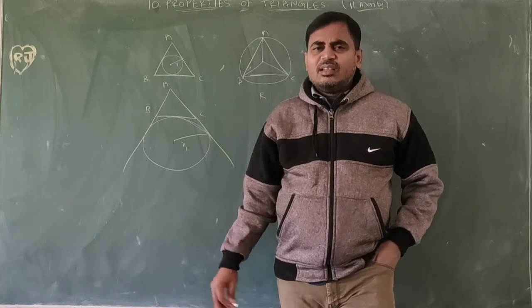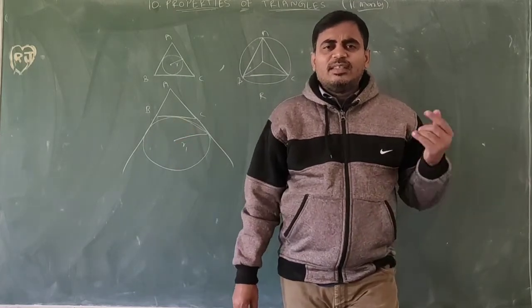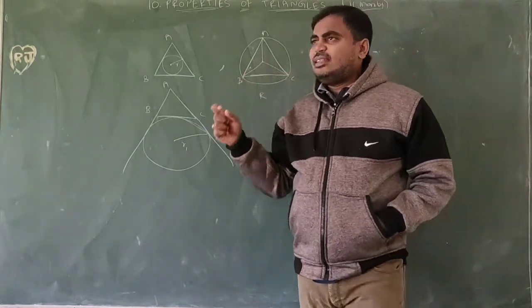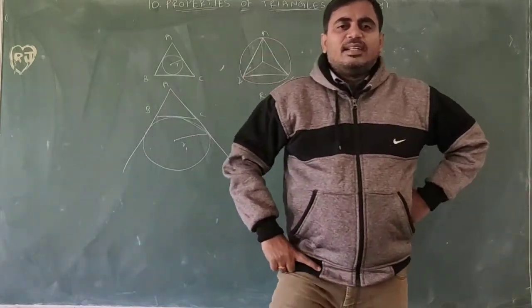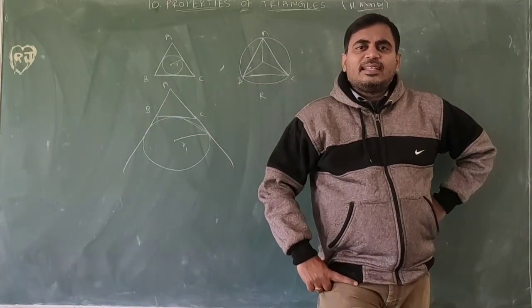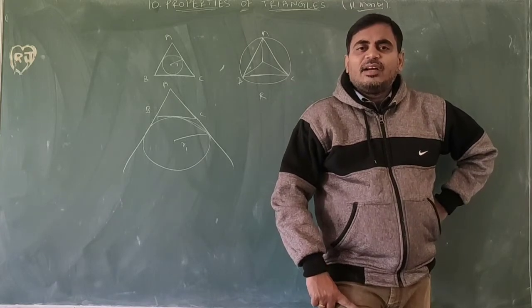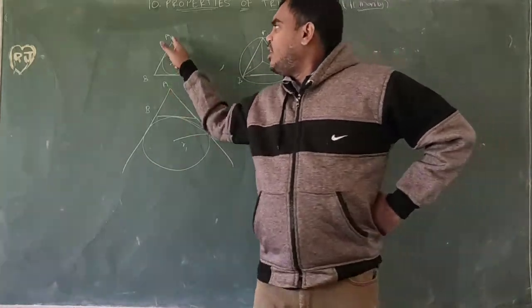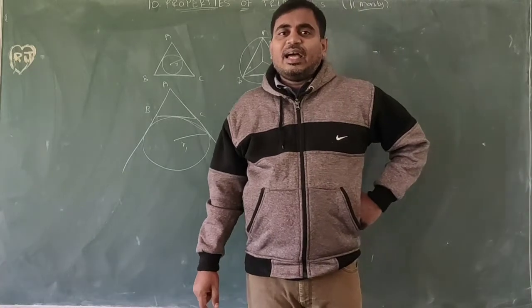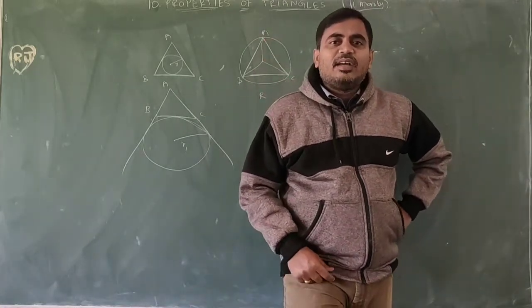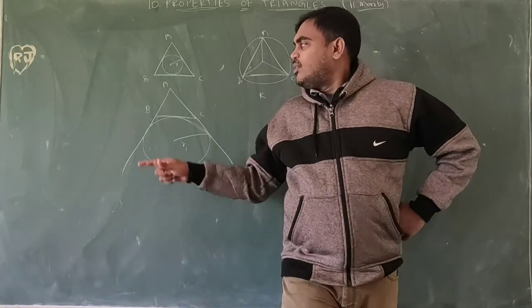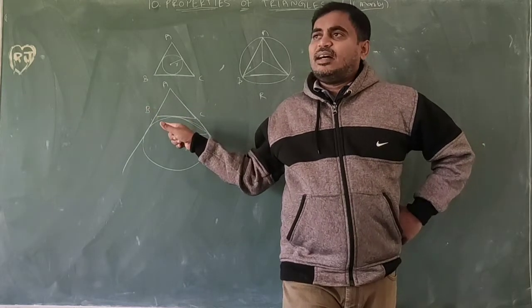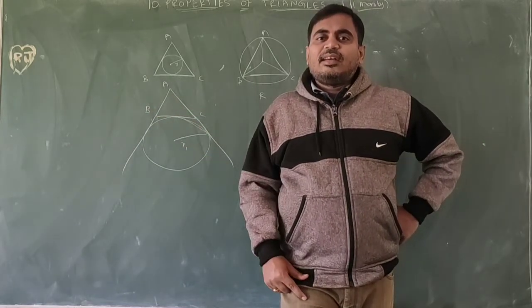So this is the information. Now, how do these circles exist? For the circumcenter, all the perpendicular bisectors are concurrent, and the point of concurrency is called the circumcenter. For the incenter, all the angle bisectors are concurrent, and the point of concurrency is called the incenter. For the excenter, one internal angle bisector and two external angle bisectors are concurrent, and the point of concurrency is called the excenter.